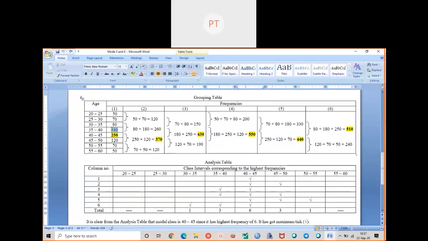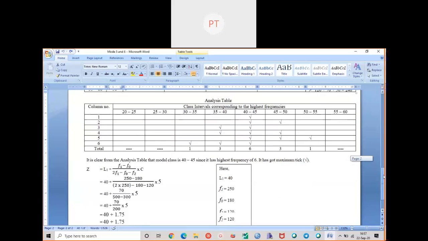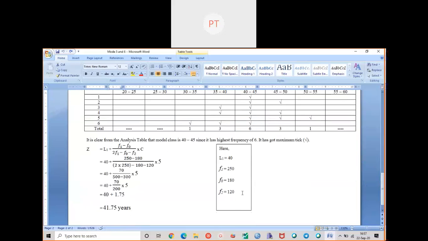F0 is the preceding frequency, 180, whatever is above that. F2 is the succeeding frequency, whatever is after the normal frequency. So this is the only difference: F1 is the normal frequency, F0 is the preceding frequency and F2 is the succeeding frequency.